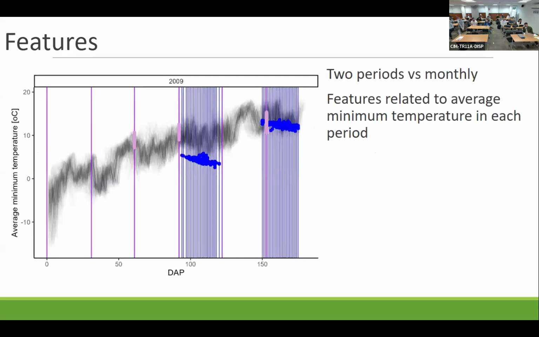So how it looks is a little bit like this. We have the curves for minimum temperature in Germany in 2009. Each curve represents the values for one of the administrative regions. The purple lines represent the separations that occur for monthly aggregation, and they turn into one value.